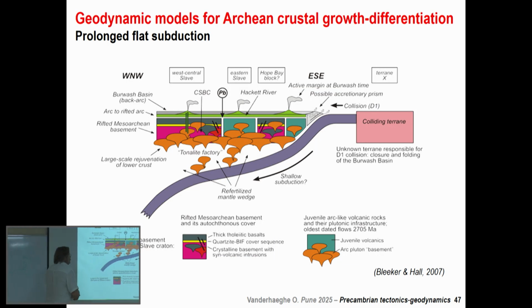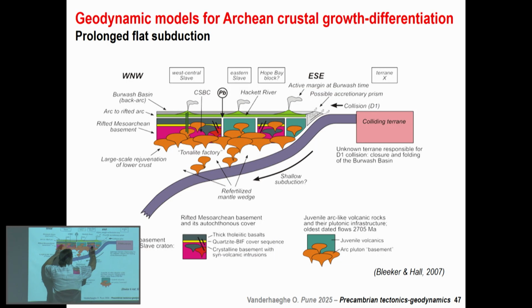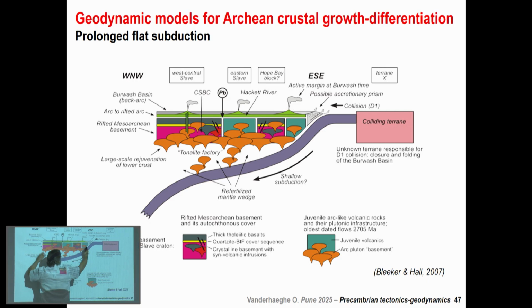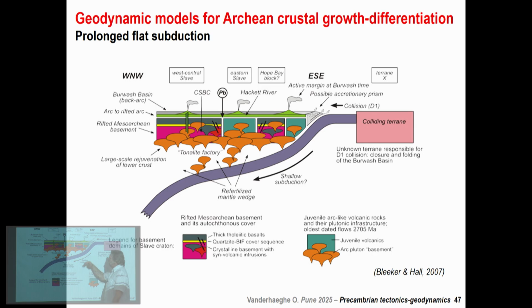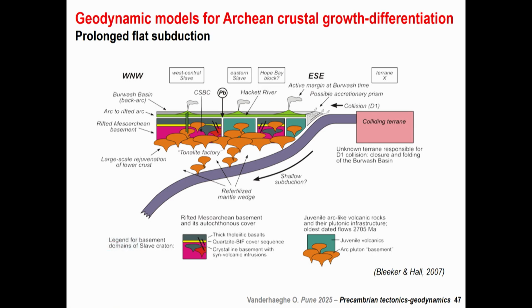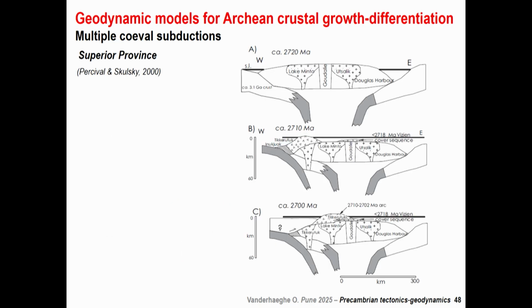The other way around, in order to explain the widespread magmatism and the long-standing thermal event, is a shallow dipping subduction that goes on for very long. That was proposed. Or multiple subductions that are repeating in different places, small subductions.